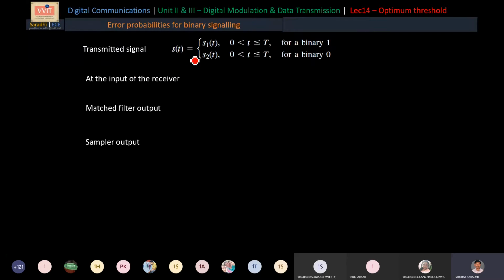The transmitted signal is taking one of these waveforms, either plus A volts or 0 volts, or plus A volts, minus A volts, in the given time interval 0 to T or T to 2T, like that. And the receiver is receiving a corrupted signal. So R of T is what the receiver sees, not S of T. And from this R of T, it has to figure out what is S of T, what is being transmitted.